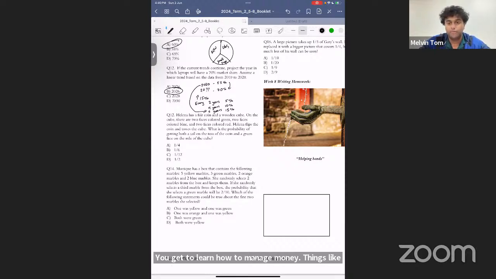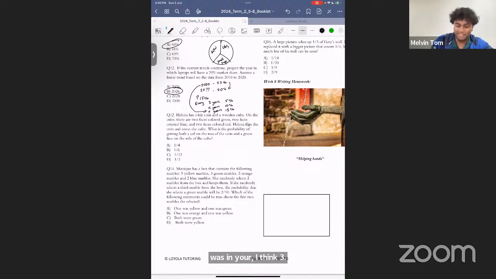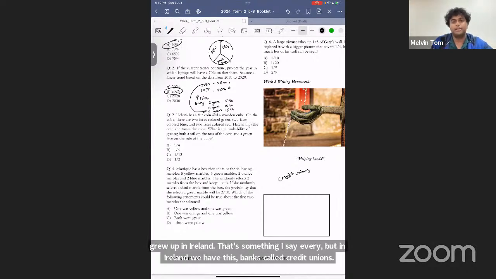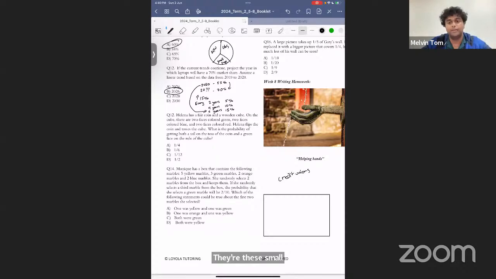But so some of you say yes, some of you say no. But to give you an example, when I was young, so when I was in year 3, I grew up in Ireland. And that's something I say every week. But in Ireland, we have these banks called credit unions. They're these small banks, and they encourage kids to go save money in their bank account. And banks give you interest, right?